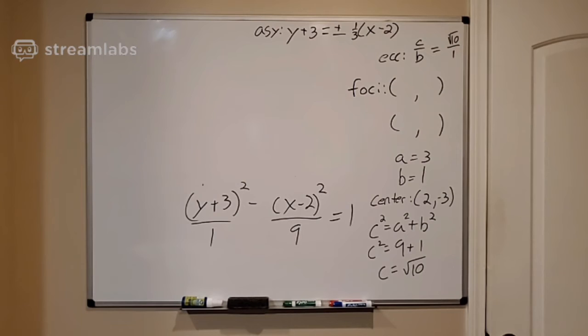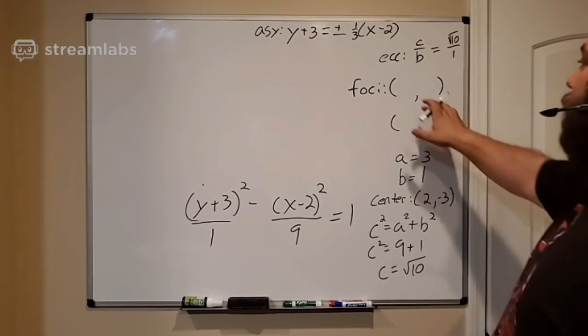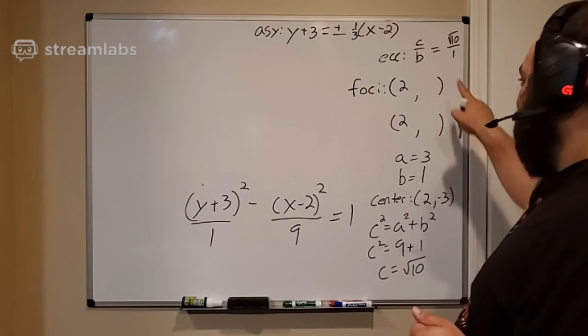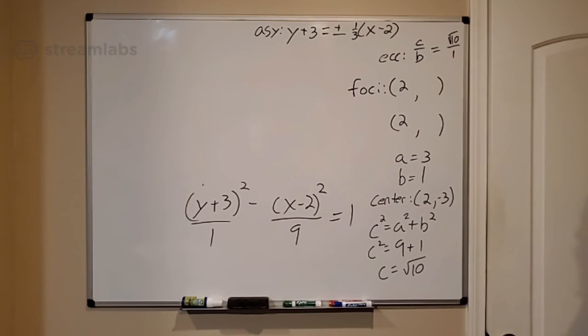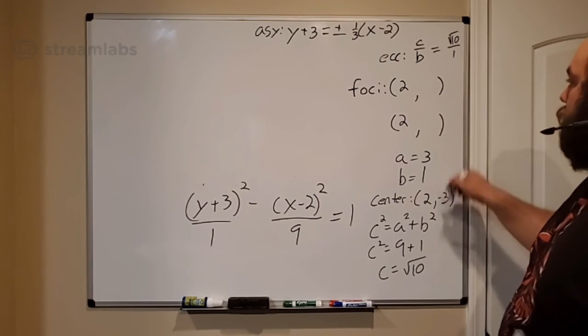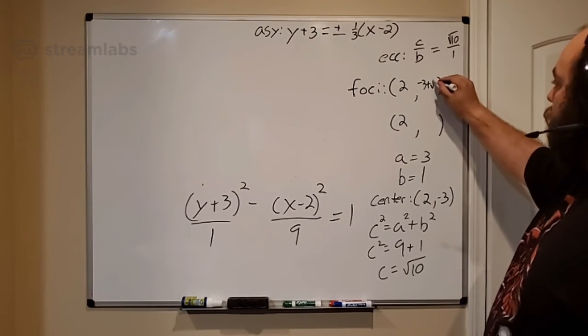So that means our x value is not going to change at all. The y value will change. So remember, our foci are going to be both up and down from our y value. So I'm going to have -3 plus root 10 and -3 minus root 10.